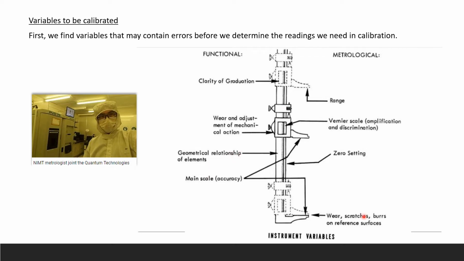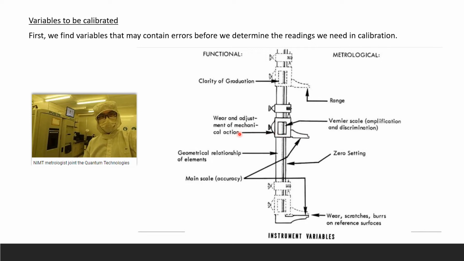Instrument variables are here: wear, scratches, burrs on reference surfaces, zero setting happening between the jaws, and your main scale error. Your vernier scale amplification and discrimination can also produce error.